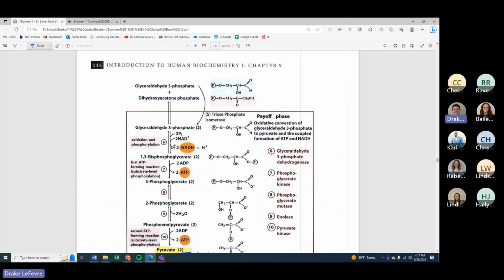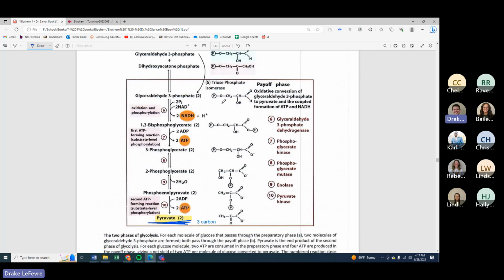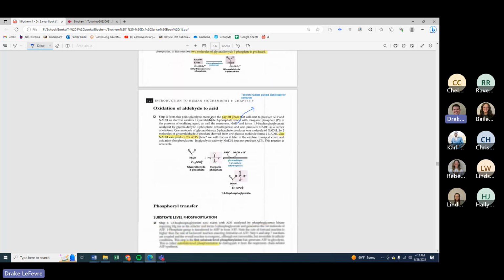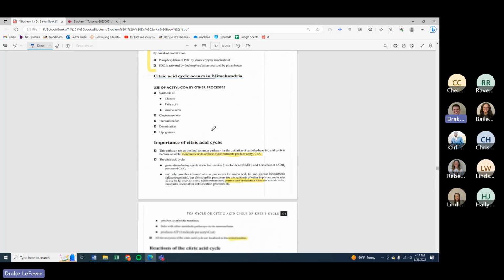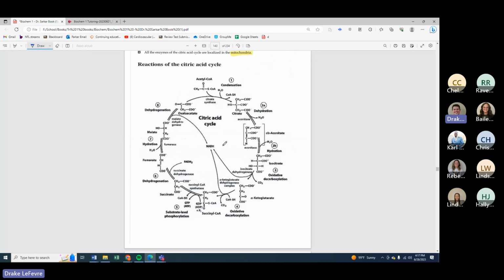This NADH is eventually going to be used to generate ATP. However, right now we're just making the NADH in glycolysis and in the Krebs cycle, but it does not yet turn into ATP. The NADH will continue into the electron transport chain, and during the electron transport chain is when it will get converted to ATP.